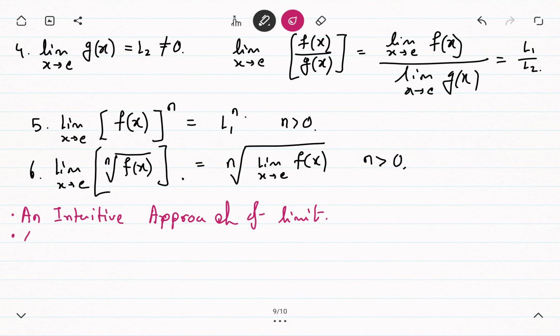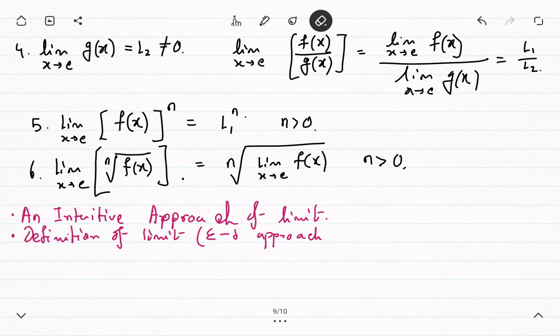So the definition of limit, that is the epsilon delta approach. So here the intuitive approach was the limit.